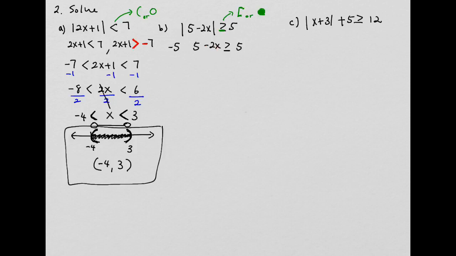If I draw less than or equal to, it looks the same as what was given, but it's opposite. Why? Because the middle value, 5 minus 2x, had its place flipped. It was on the left side in the problem, and now it's on the right side. That's why the sign looks the same, but you're reading from the middle, so it will be less than or equal to this time.